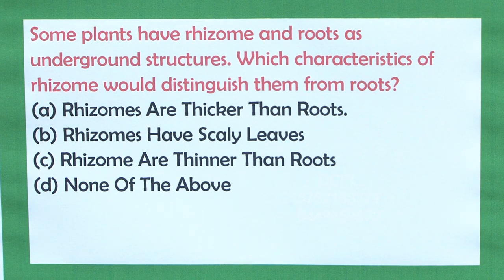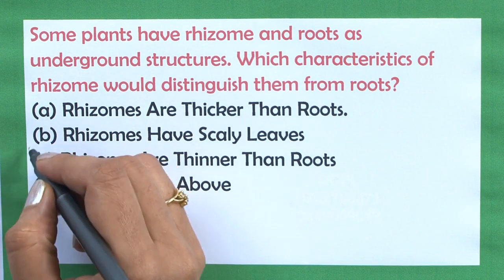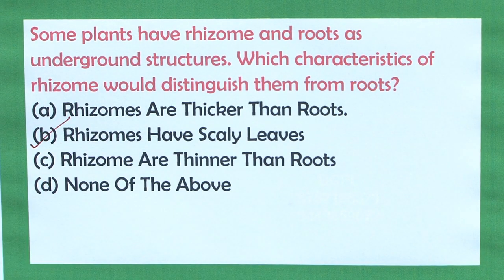So, the more appropriate answer would be rhizomes have scaly leaves. The options A and C don't make sense here, and of course D is not an appropriate answer. The most appropriate answer is the presence of scaly leaves, which differentiates the rhizome, being a stem, from the root. The option is option B.